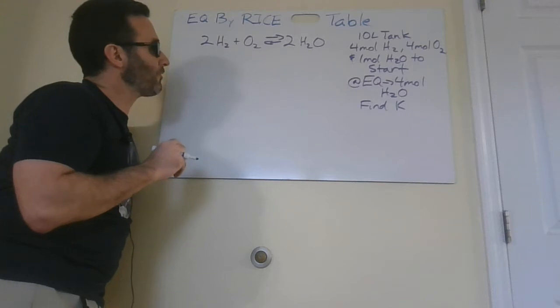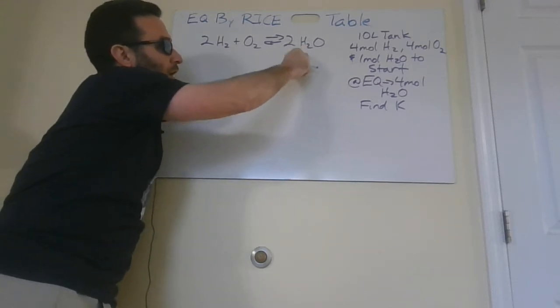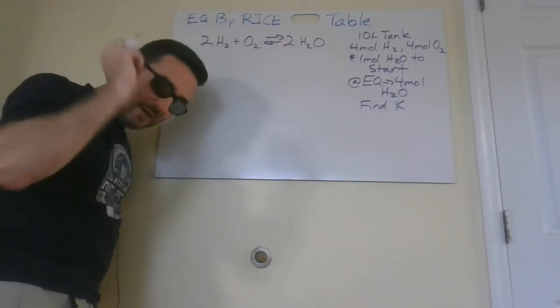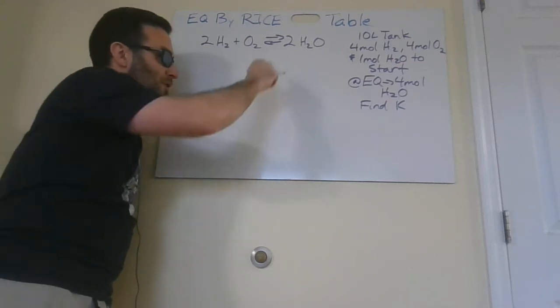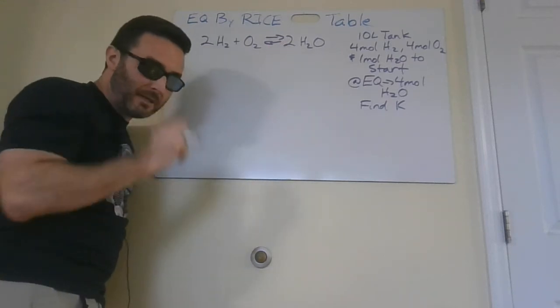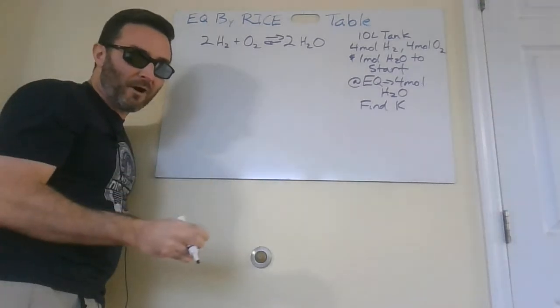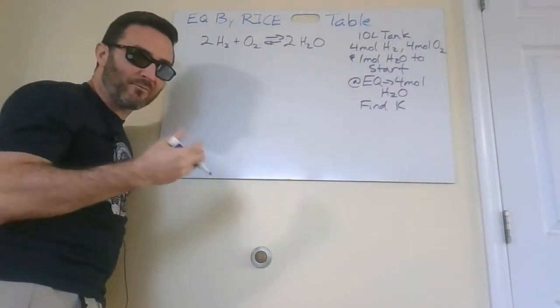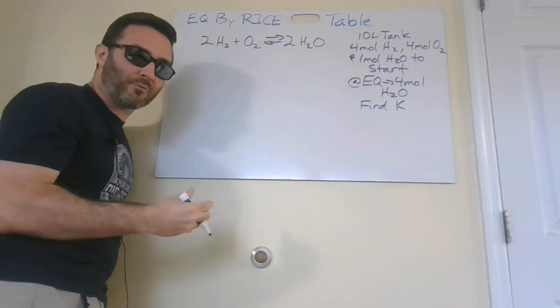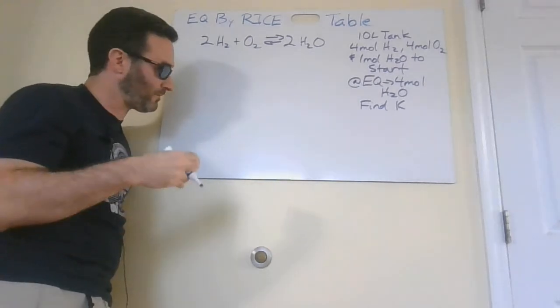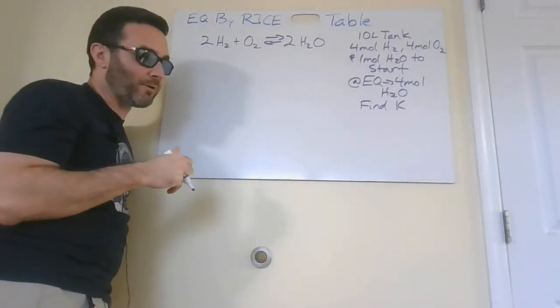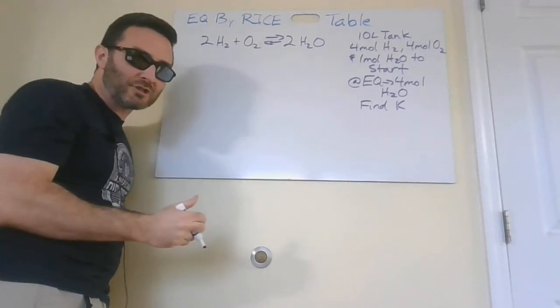What makes this different is that you're starting off, finally for the first time when we do these problems, with a product in the initial portion. So we've always had that I line and we've put zeros in for the products this entire time that we've done stoich, that we've done equilibrium, and it doesn't always have to start off that way.